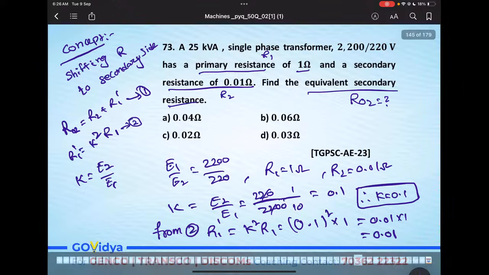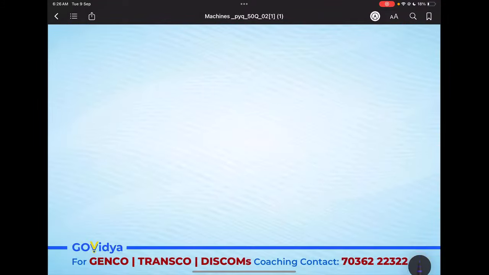Okay, from equation 1, the equivalent resistance in secondary side R02 equal to R2 plus R1 dash.